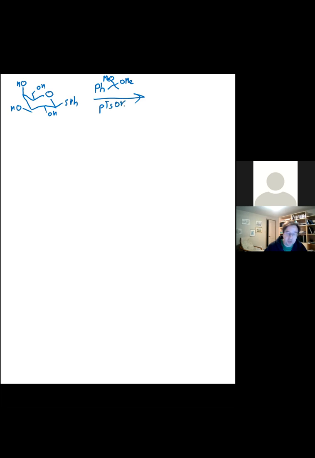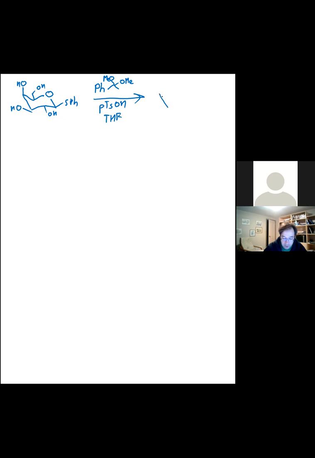It's just set up to do this better than benzaldehyde does. It's the benzaldehyde dimethyl acetal, a little bit of para-toluenesulfonic acid. If you don't know what that is, go look it up. And normally the solvent would be THF is a good one for this. And we do this at room temperature.